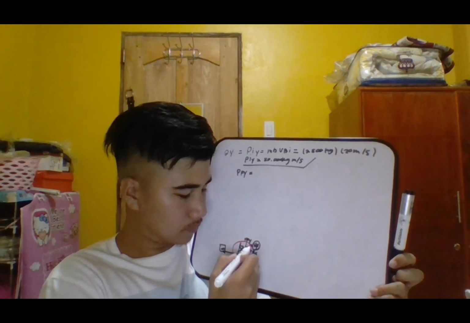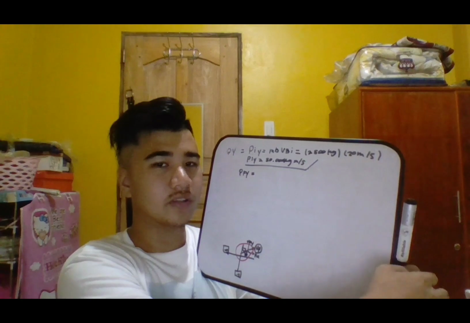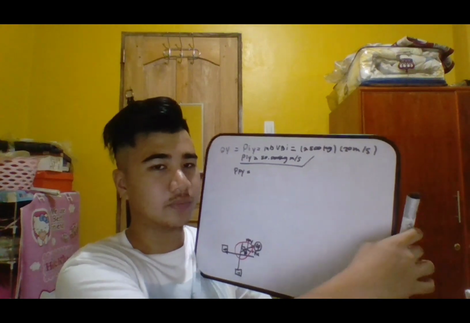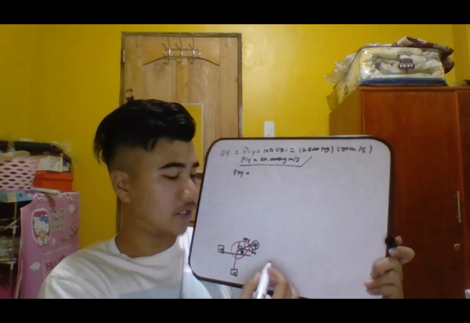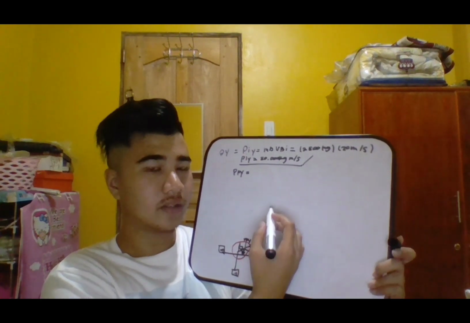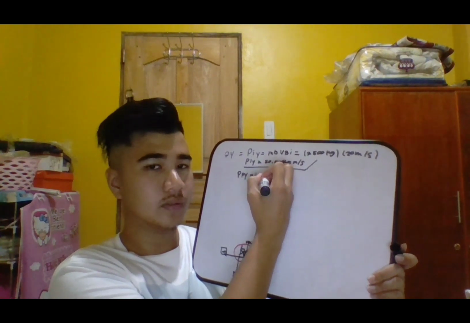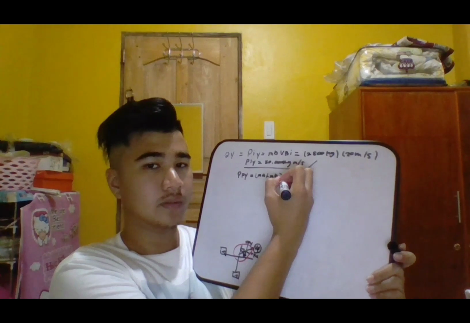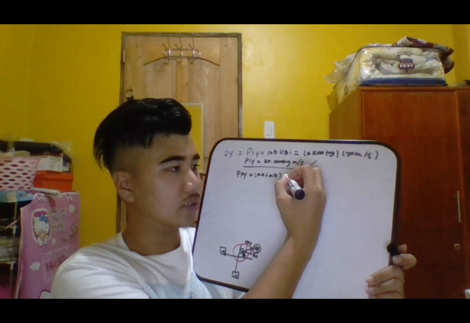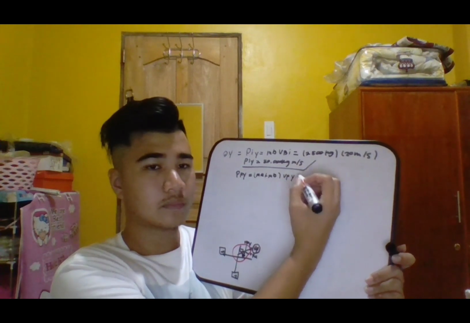Since isa na lang ang velocity and same process with the final momentum at x, combine na yung kanilang mass of A plus mass of B times the final velocity at y component.